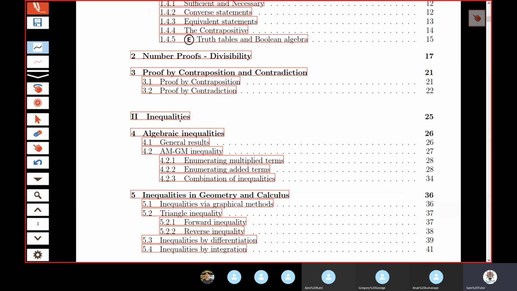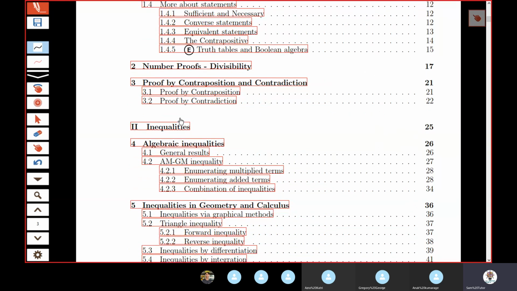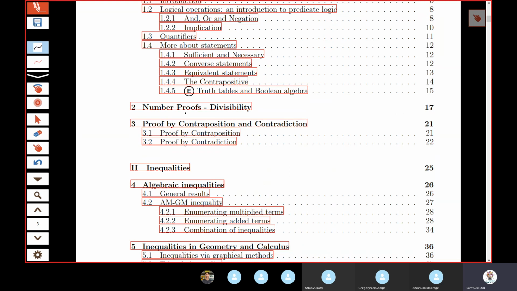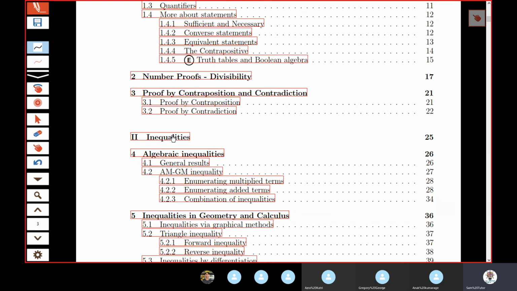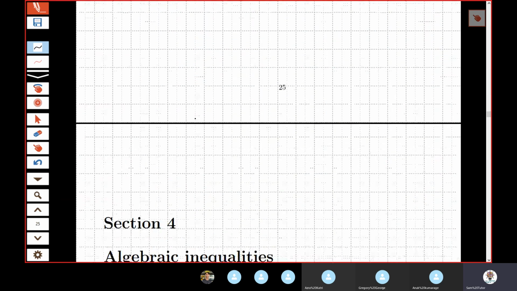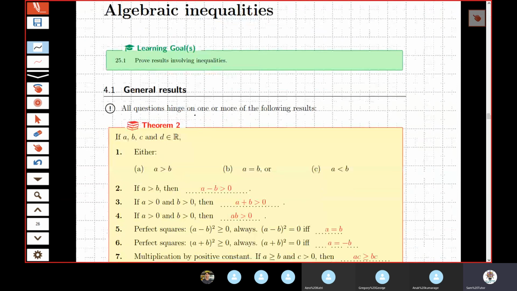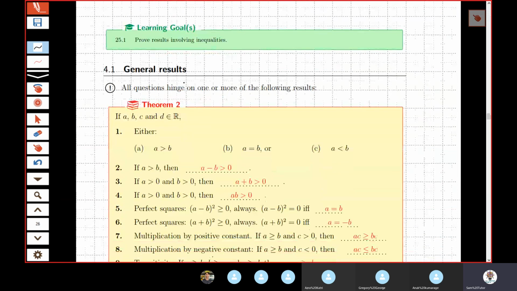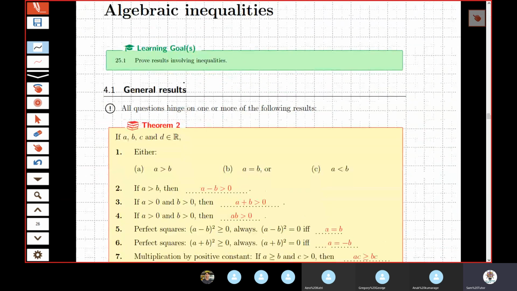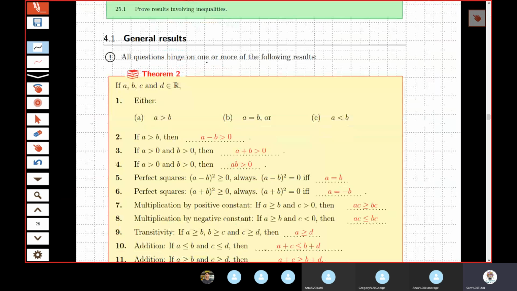So what we'll do, we'll actually head to inequalities. And we'll get started on this for today. All right. All questions hinge on one or more of the following results.